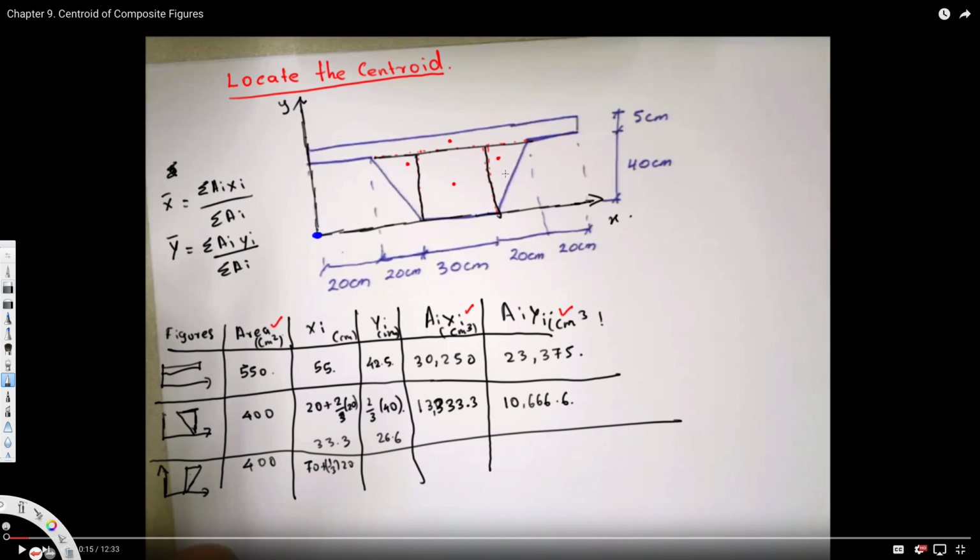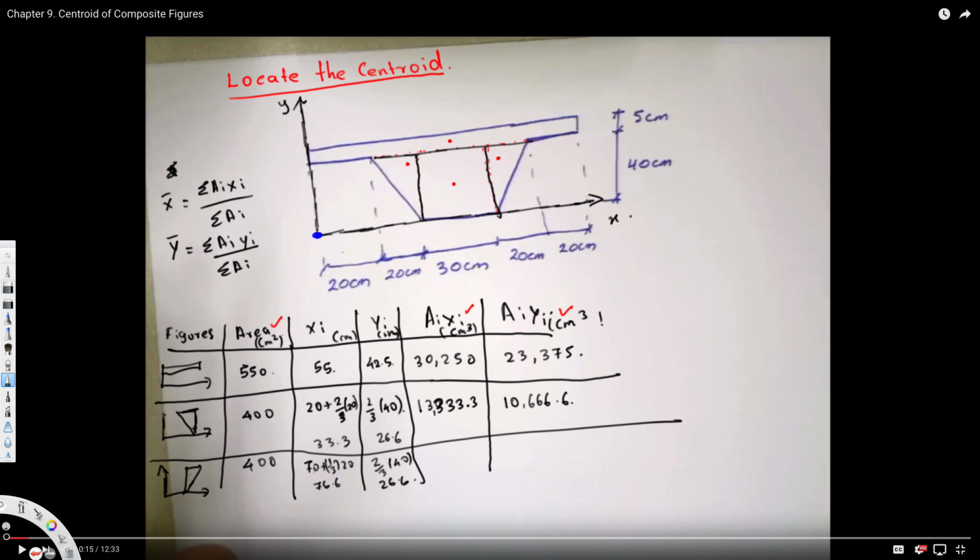And yi is going to be the same as the previous one, because it's the same height, 2/3 of 40. So if we calculate the value, this will give us 76.6. The other one gives us the same as before, 26.6.